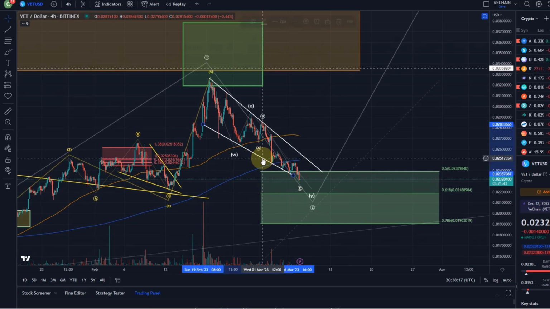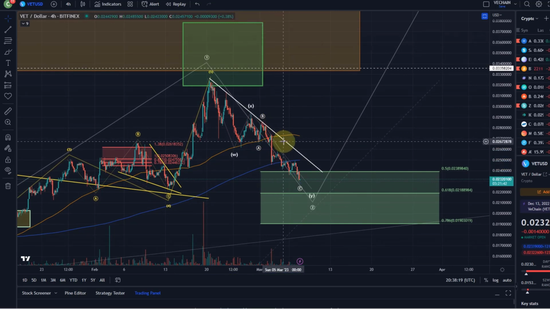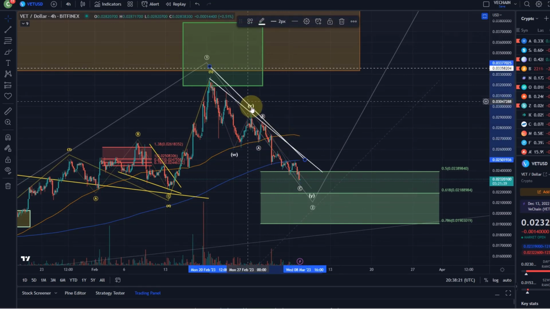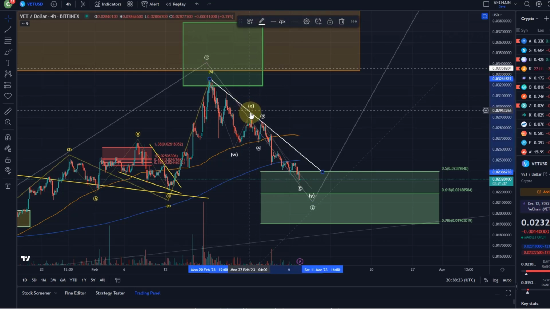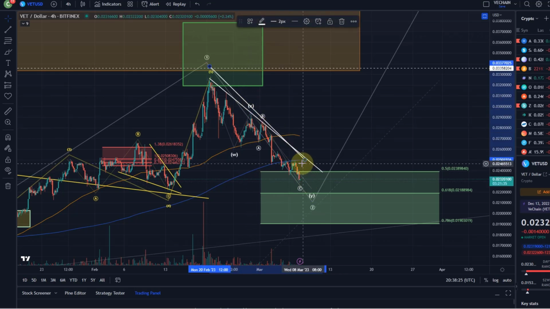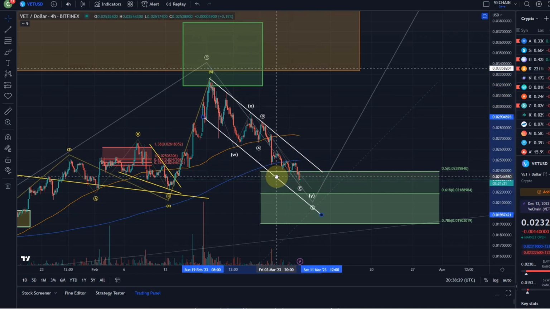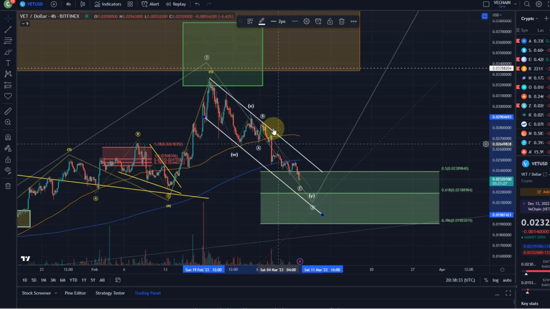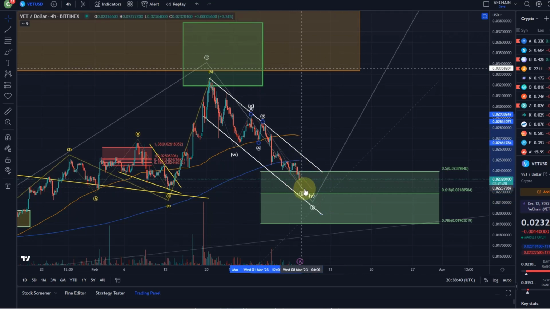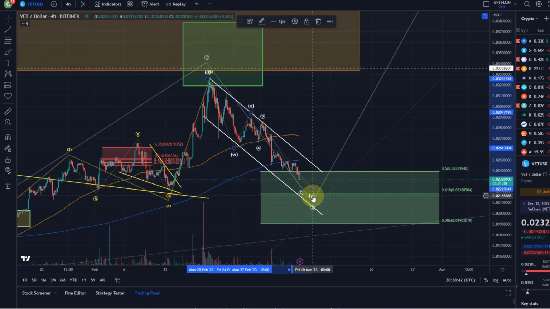What we can do though, we can try to see if we can add this parallel trend channel. I already have a trend line up here. So if we see if we can add this parallel or this corrective price channel, because you can do that with Elliott wave. This channeling technique can give you a guide where the C wave, or in this case actually the wave Y, might end.